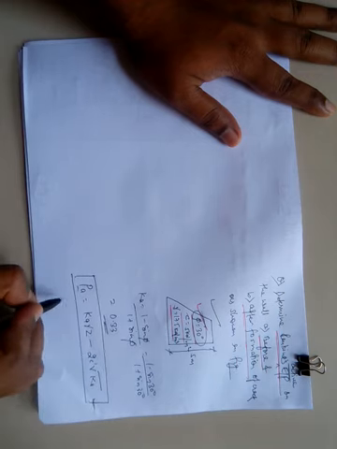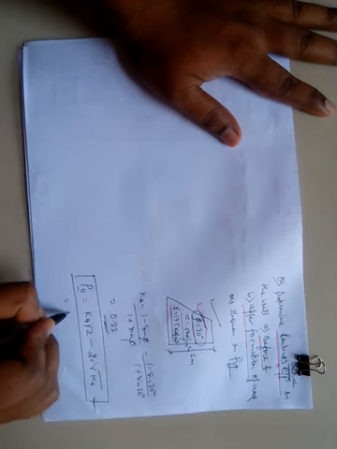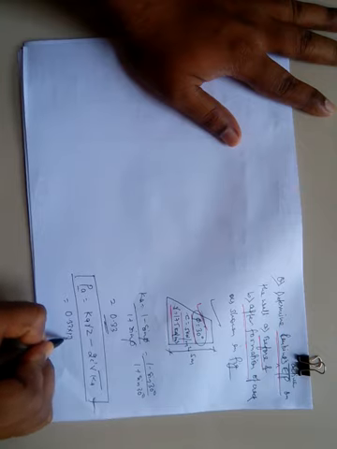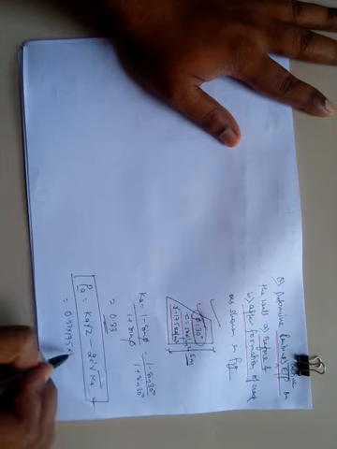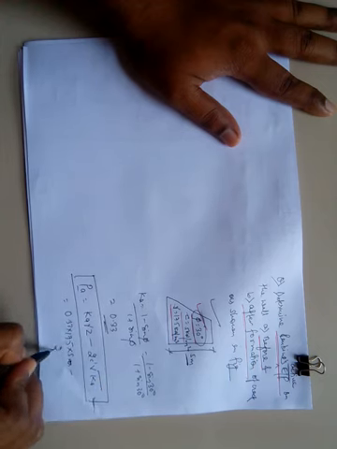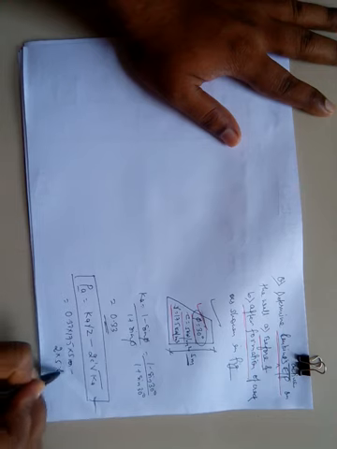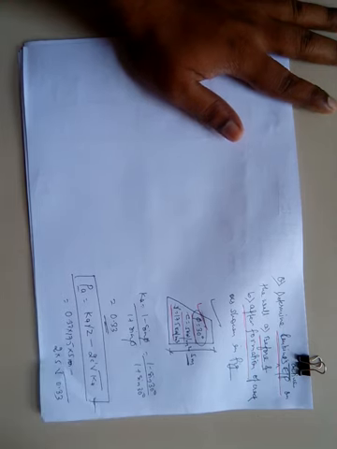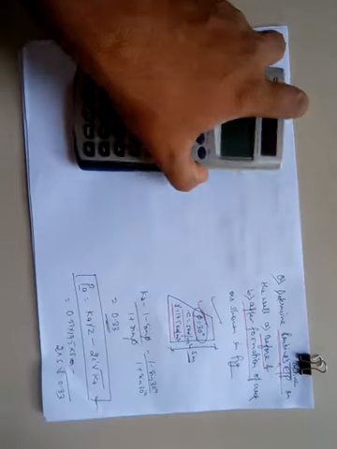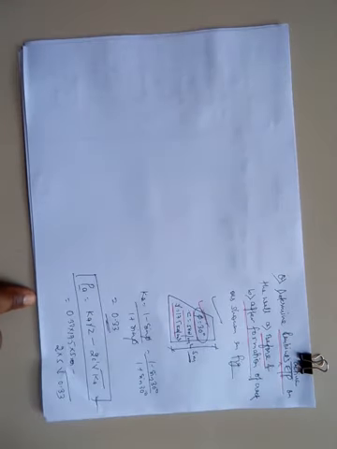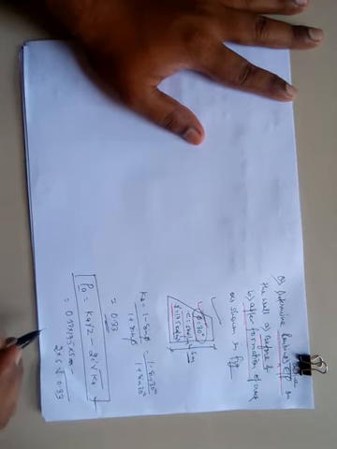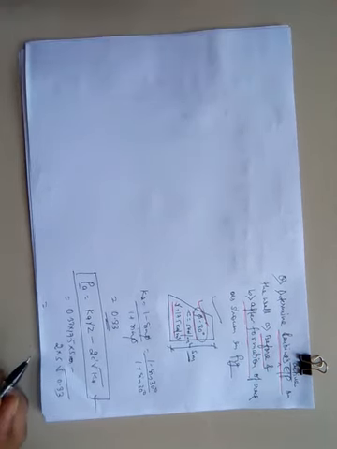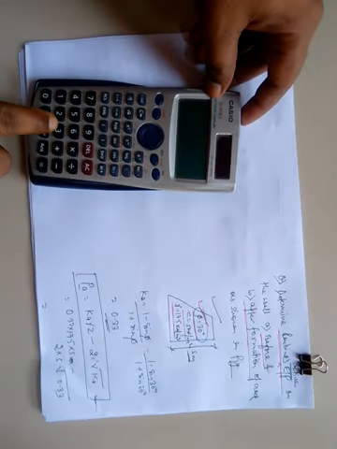So put the values over here: 0.33 into 17.5 into z, z is 5 meter, minus 2 into c dash, which is 5, into root over Ka, 0.33.